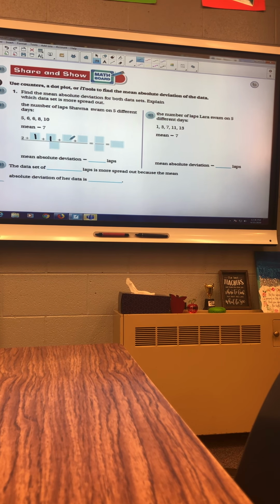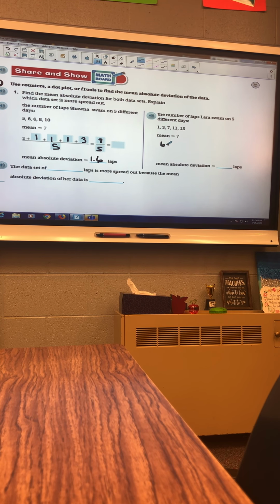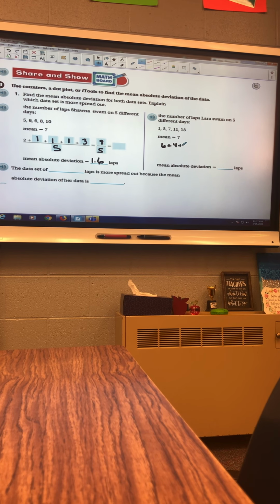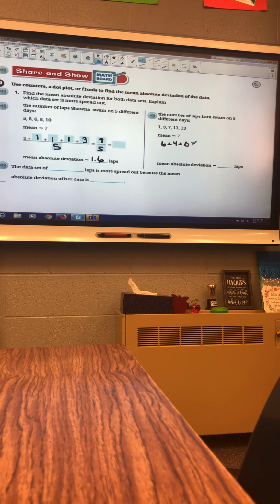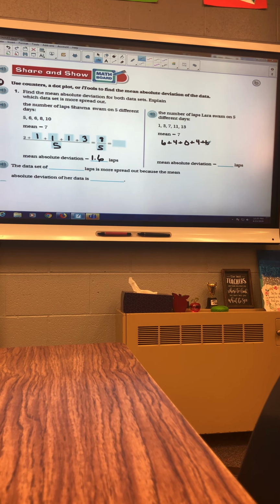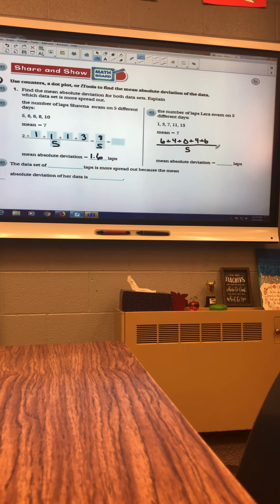And then over here, we have 1 to 7 is 6, 3 to 7 is 4, 7 to 7 is 0, 11 to 7 is 4, and 7 to 13 is 6. We added 5 things, so I have 6 plus 4 is 10, and 4 plus 6 is 10, so 10 plus 10 is 20, and 20 divided by 5, we all know, is 4.